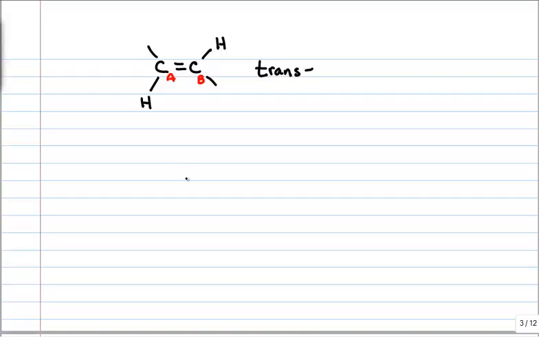Now, if you have another carbon-carbon double bond, let's just label this one A and this one B. Again, this is our way to locate the carbons of the carbon-carbon double bond.